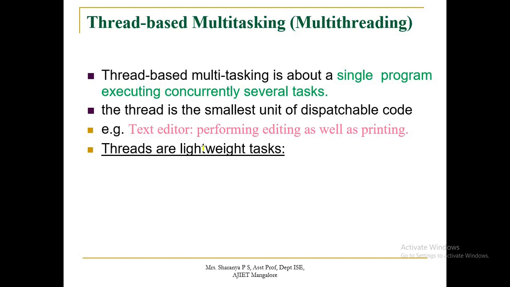So in the same Word document editor, two different tasks are currently running. Those two we refer to as threads. One is editing, and parallelly I am printing. The first task, editing, acts as a thread, and the second task, printing, acts as a second thread.